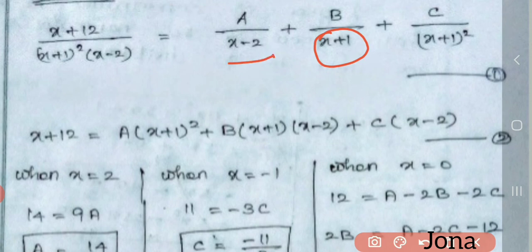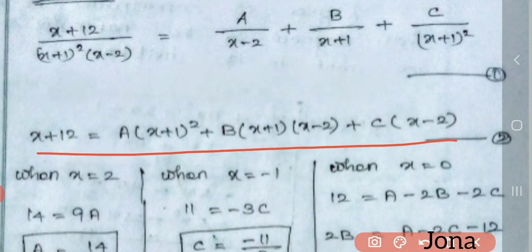So x minus 2 into, in this I want to take only 1, so x plus 1 into x minus 2, plus C into simply this x minus 2. Okay, just I took LCM, that's all. And then the denominators we have to cancel on both the sides, so that I got only the numerator like this as the long equation.